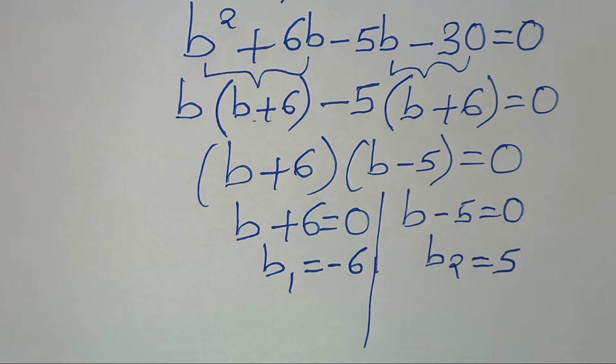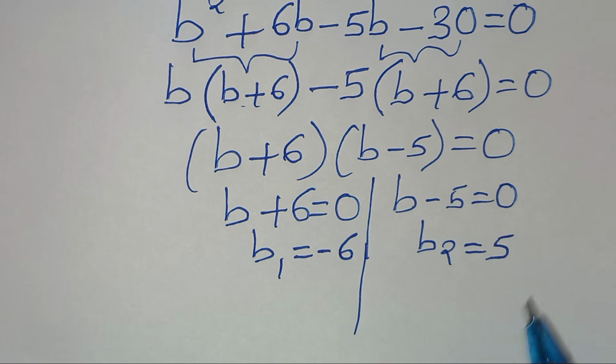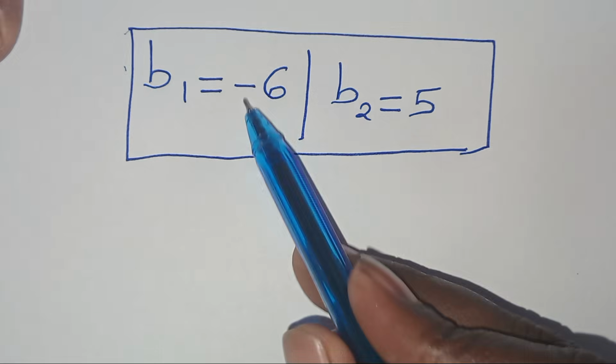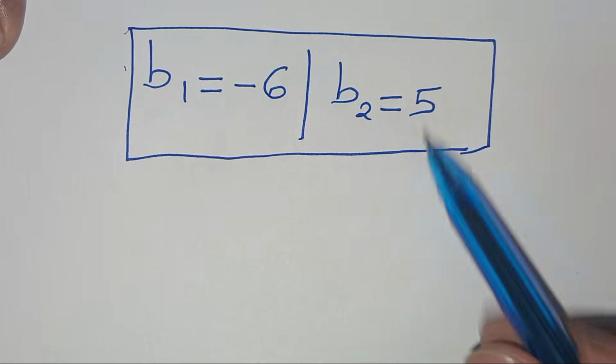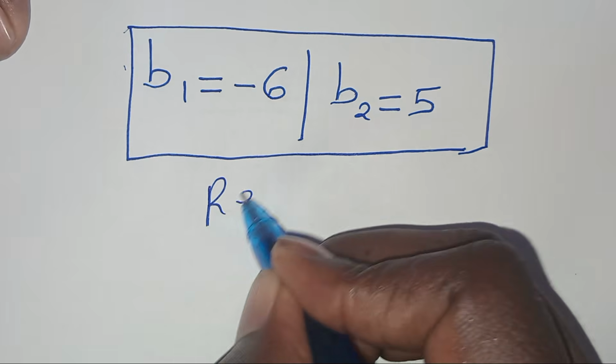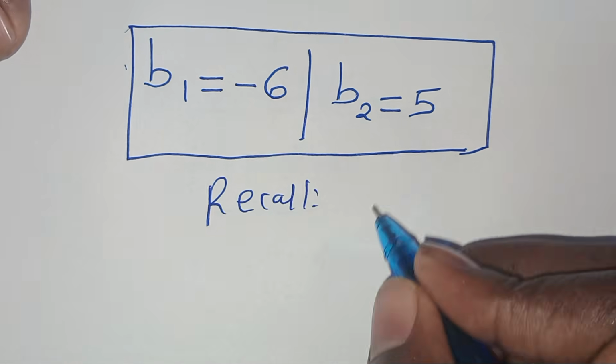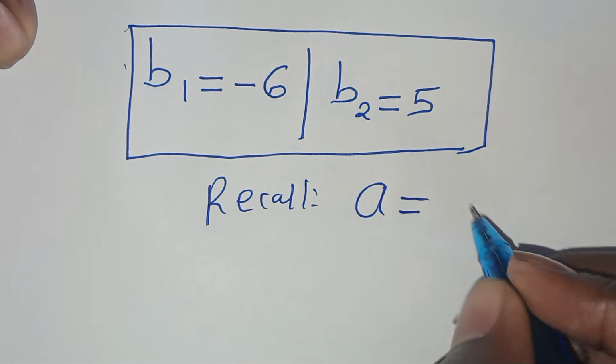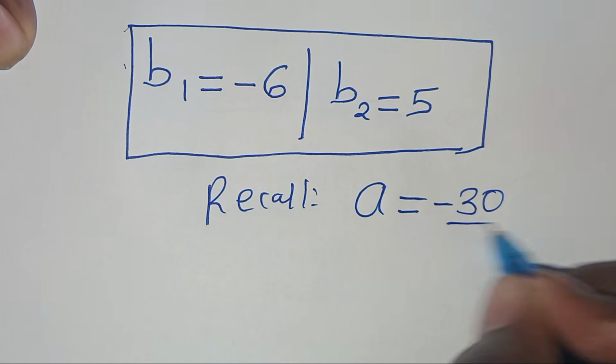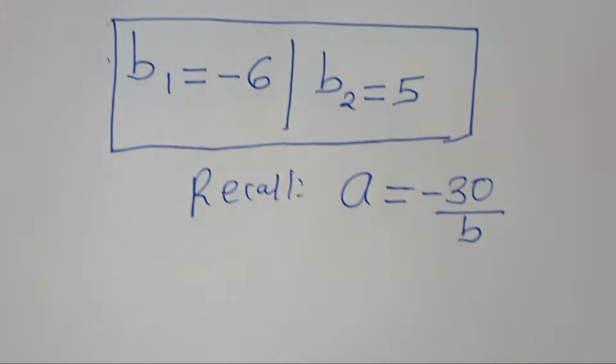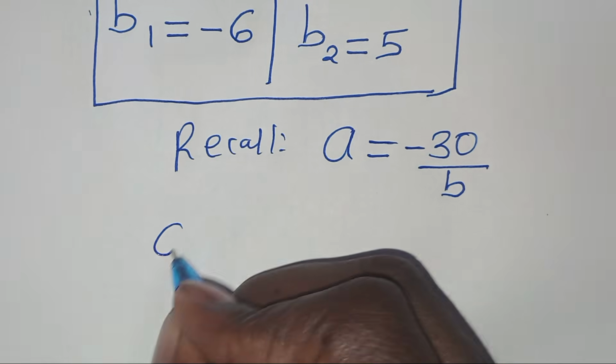Now, let's solve for the corresponding values of a1 and a2. We have that b1 is minus 6 and b2 is 5. If you recall from equation 5, a is equal to negative 30 over b. So let's solve for a1.